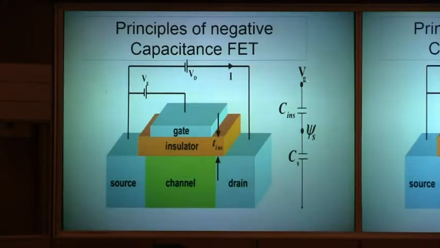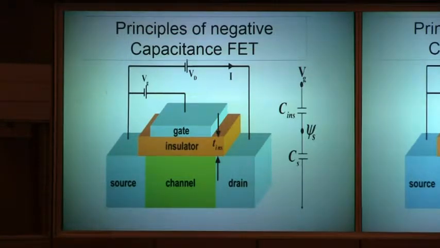If there's 1 volt and you can boost this voltage to 10 volts, then you have 10 times the controllability of the previous one. So the channel carriers can be controlled much more easily by boosting up the potential from here to here. Therefore, because of negative capacitance, the voltage can be boosted 10 times, even more than 10 times.